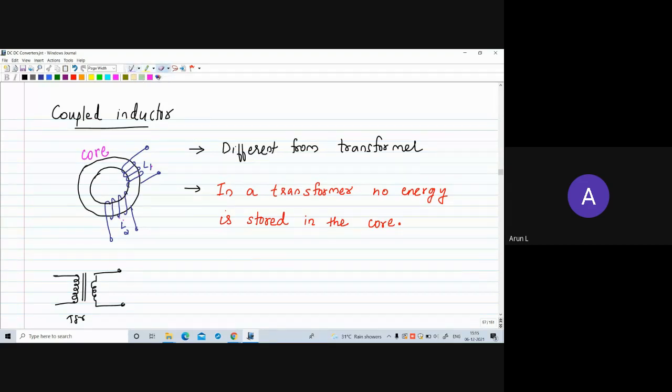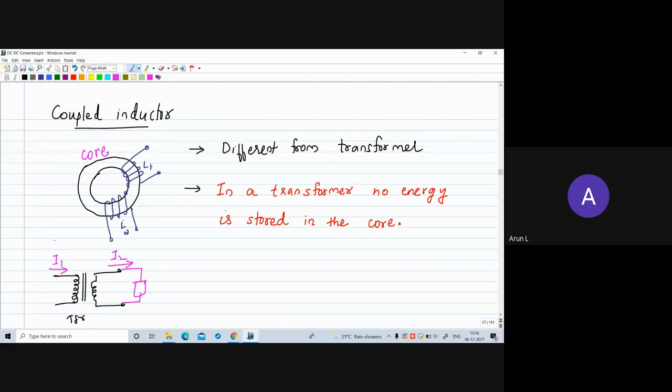The basic difference is, in the case of a transformer, whenever you have a load connected, it will draw some current I2, and at the same time you have a current flow in the input side I1. If it is open circuited, I2 is 0, and I1 is also 0, if you are neglecting the no load current, the magnetizing current.